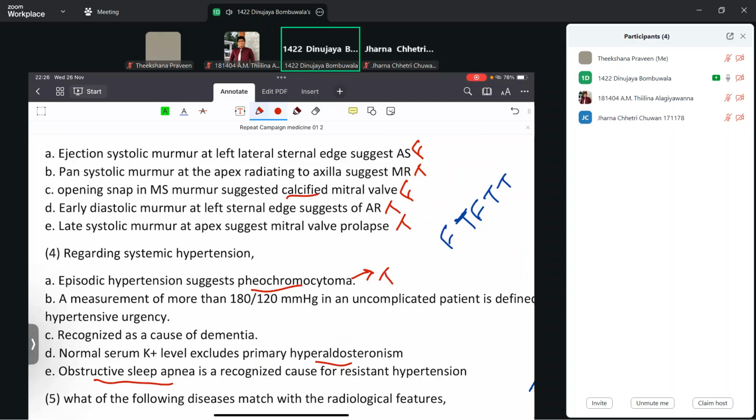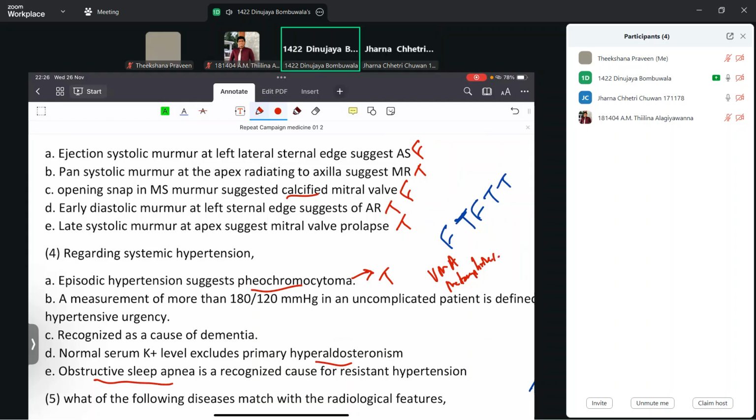In pheochromocytoma, what are the investigations you can do? Urine metanephrines, VMA. Both are byproducts of catecholamine metabolism.